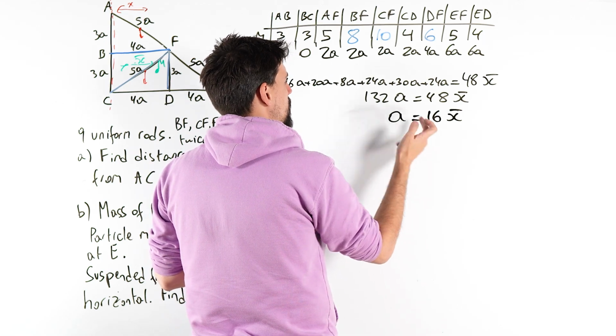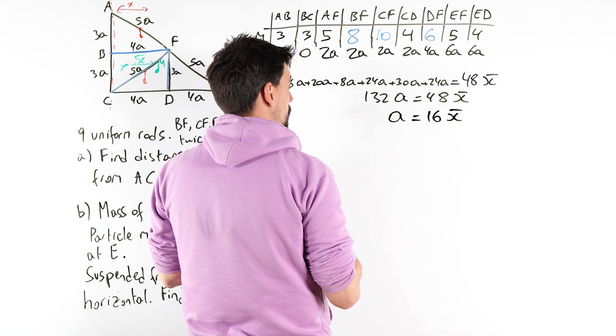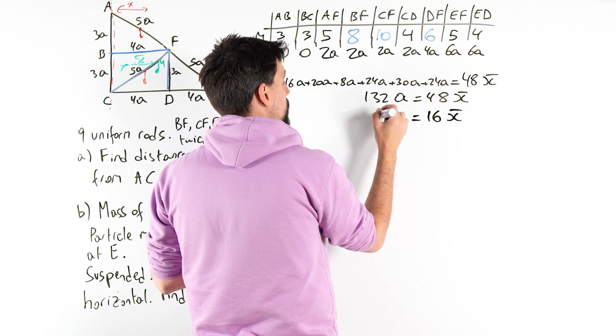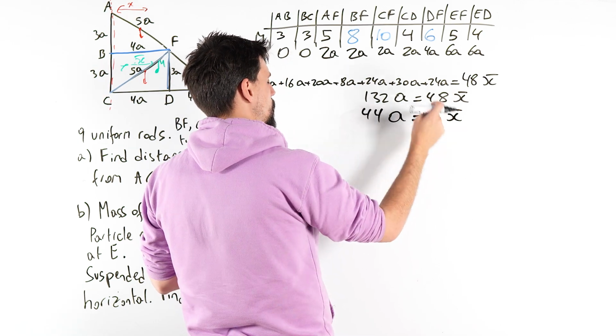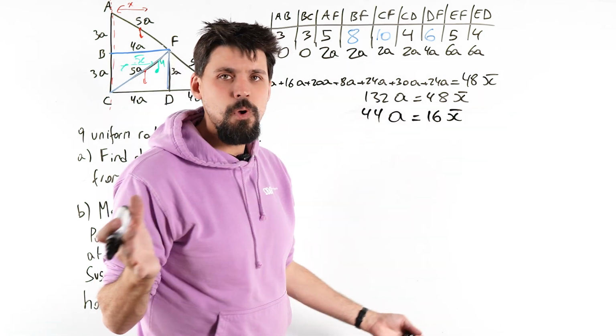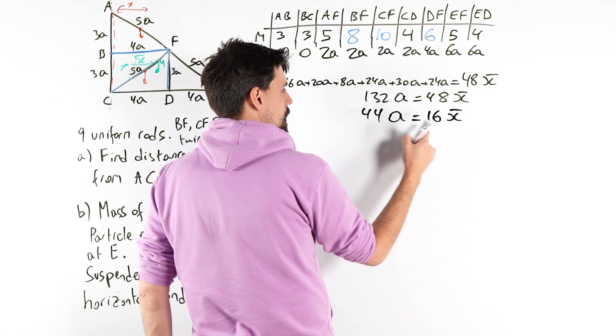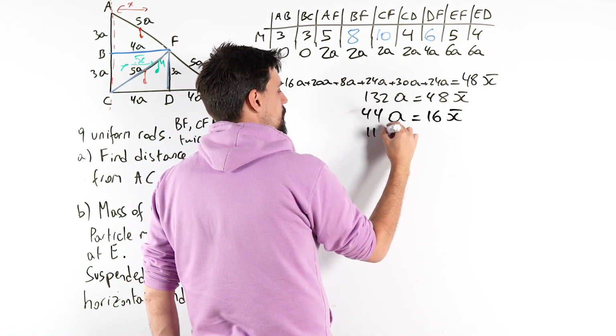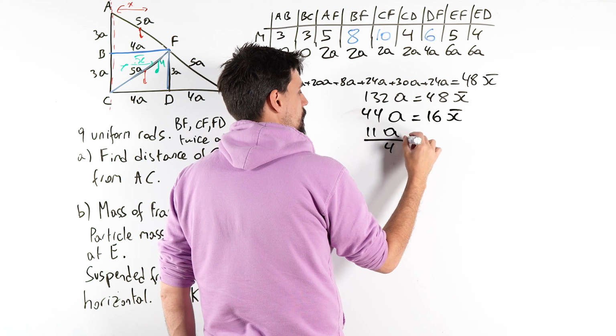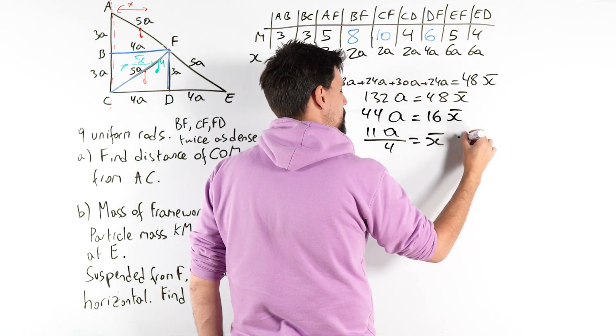Oh no, I've divided by 3. Ridiculous man. So that would be 44. There we go, that's what I was dividing by wrong. This is what happens when you jump continuity. Yeah, divided by 4. So 11a over 4 is x bar.